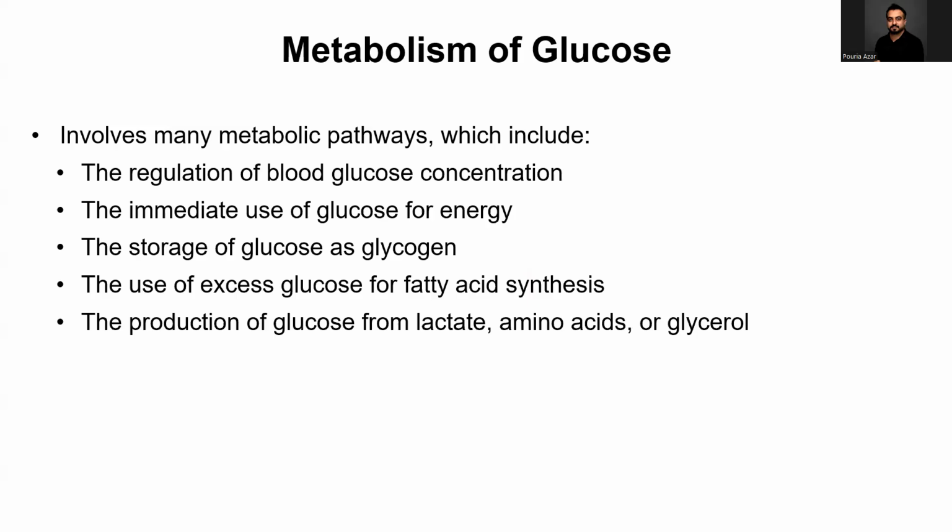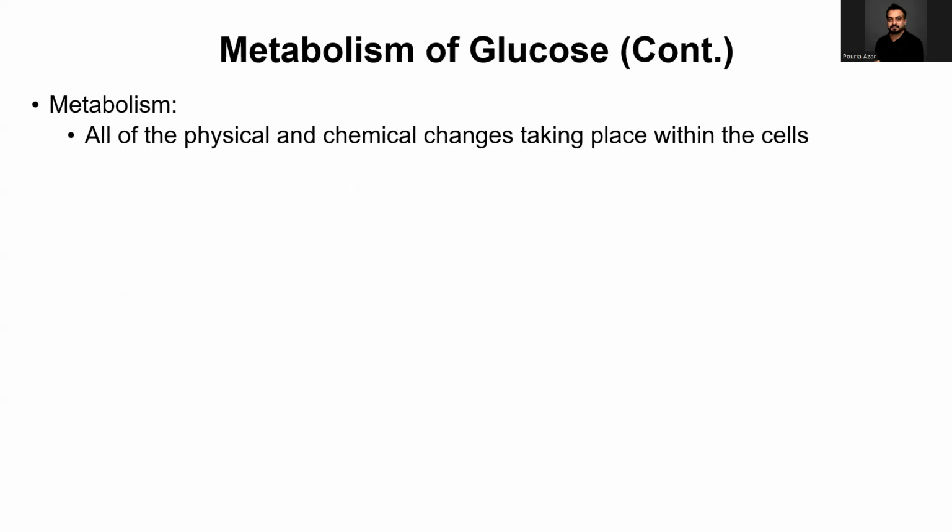These are all part of the metabolism of glucose. We also use glucose for fatty acid synthesis. Fatty acid is a type of lipid. We also produce glucose from lactate, amino acids, or glycerol. So these are all part of the metabolism of glucose.